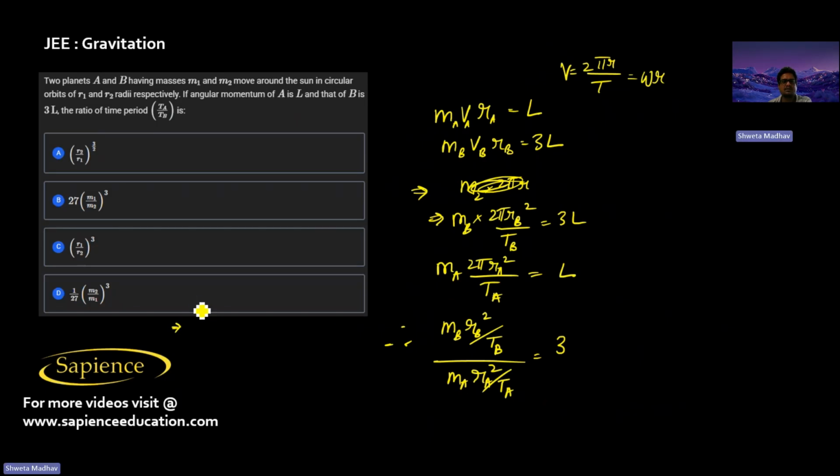Therefore, M2 into R2 square by TB, divided by M1 into R1 square by TA, is equal to 3.